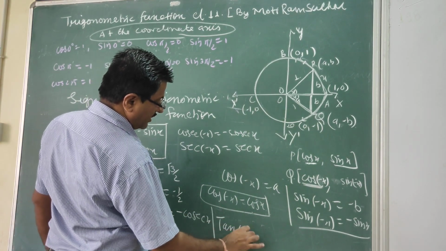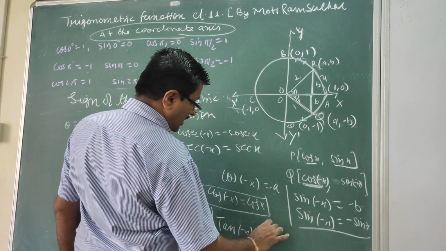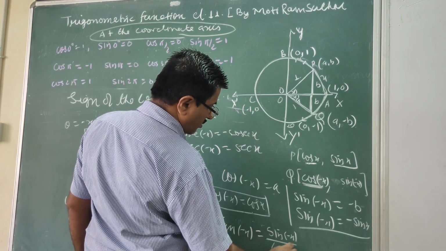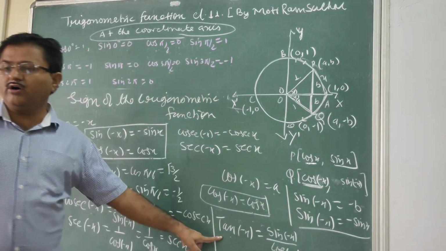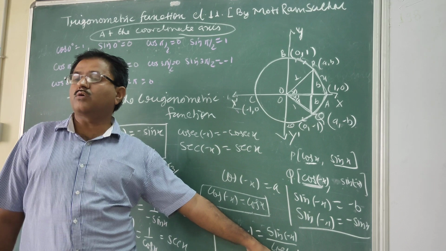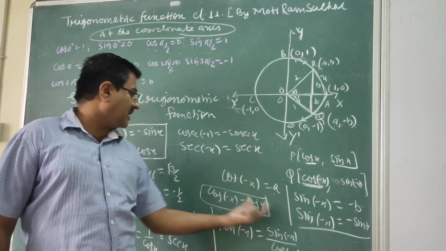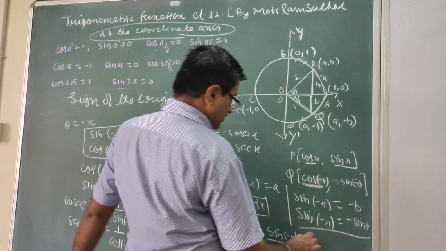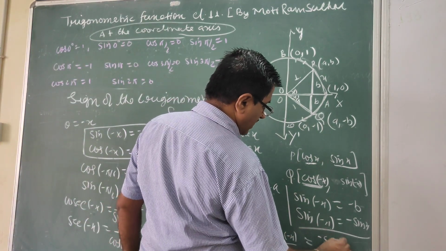So tan of minus x is equal to sin minus x upon cos minus x. Sin minus x you have to replace by minus sin x, so this is minus sin x.